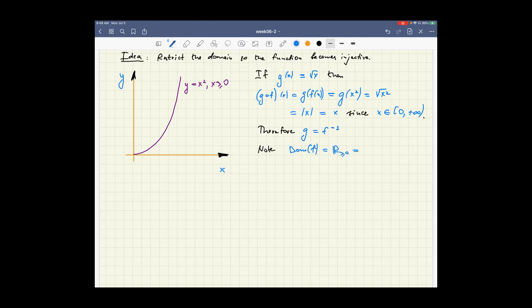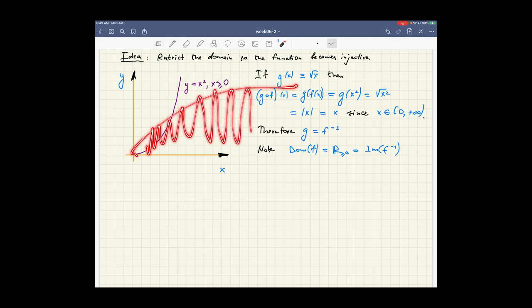And that is also the image of the function root x. The image of the function root x is all non-negative real numbers.